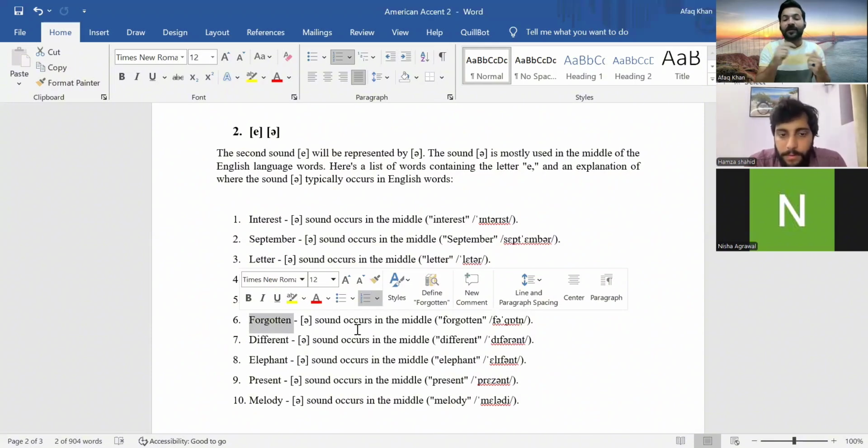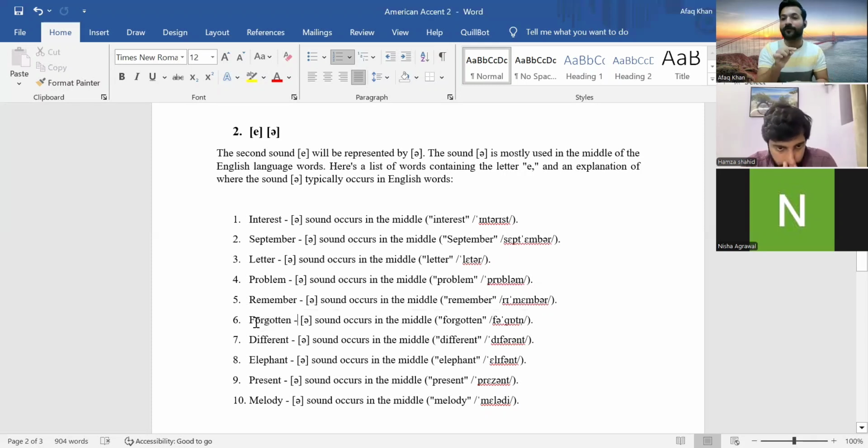For example, here it could be a schwa sound after the first sound after the F, like fa, forga, okay, or for, okay.